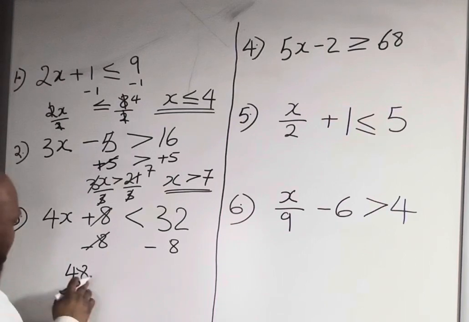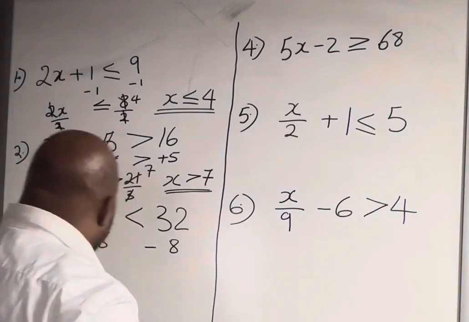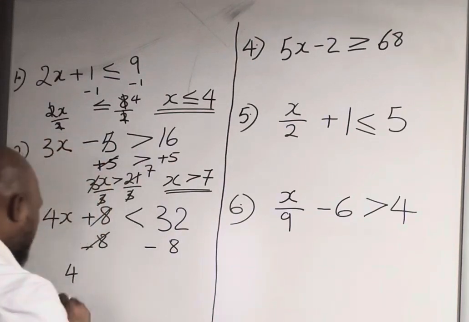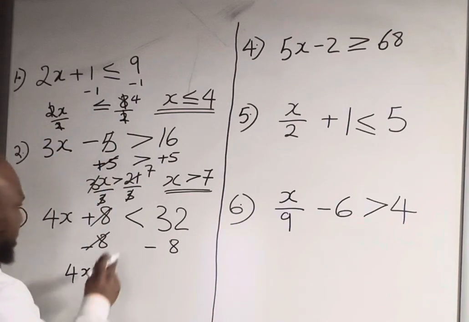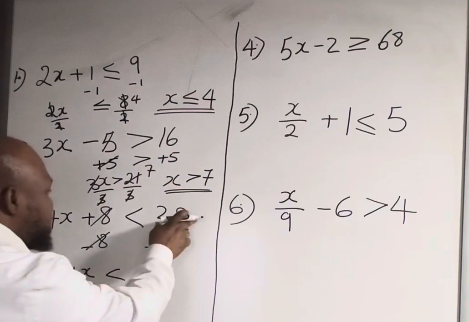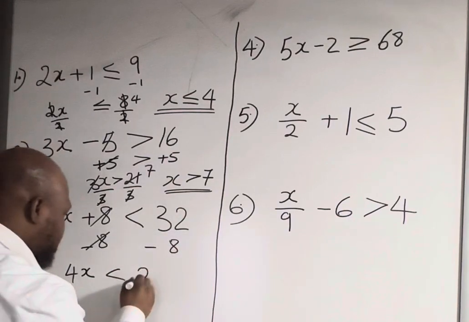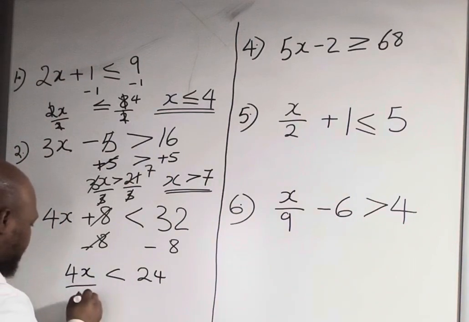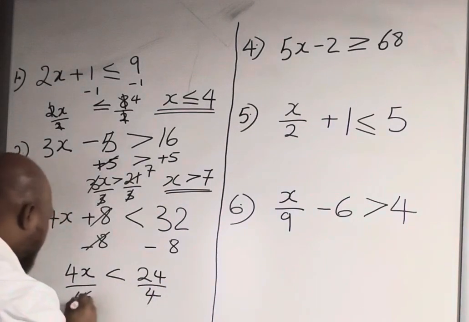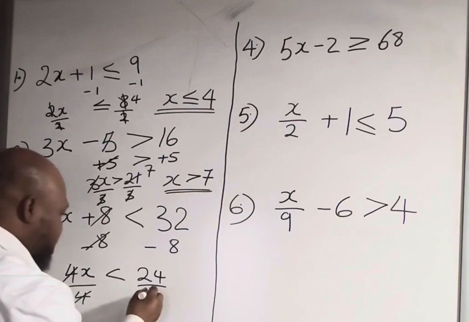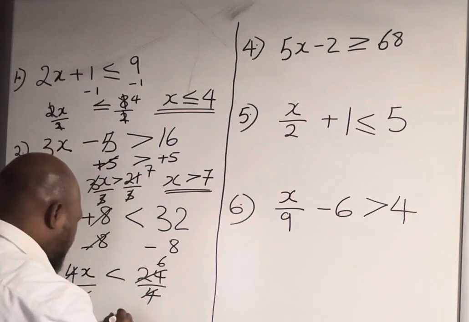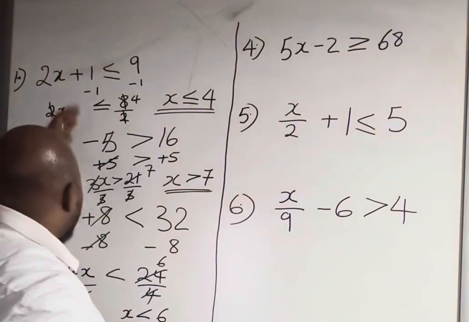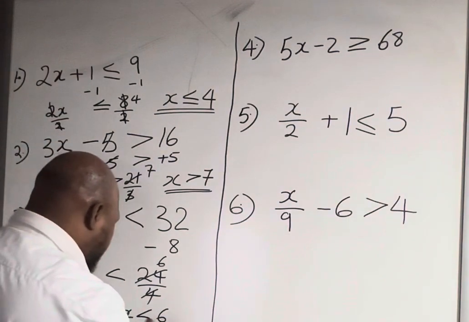So 4x is less than 32 minus 8, which is 24. Divide both sides by 4. We have 4 into 4, we have x left, and 24 divided by 4 is 6. So x is less than 6. That's the solution to the first 3 questions.